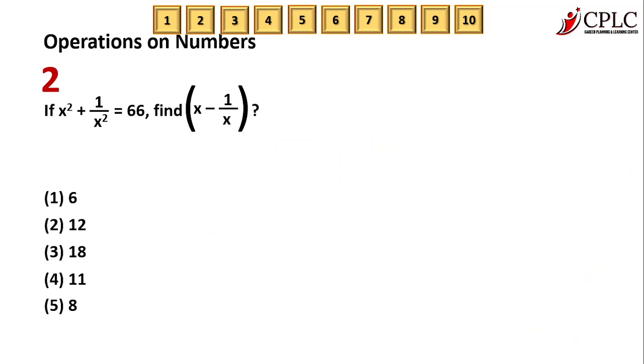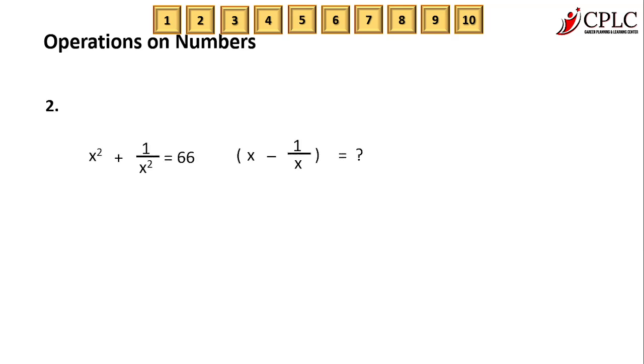Let's move on to the second one. It says x square plus 1 upon x square is 66. Then find the value of x minus 1 upon x, for example. So we know the formula of x minus 1 upon x the whole square. It is same as a minus b the whole square. It is a square plus b square minus 2ab.